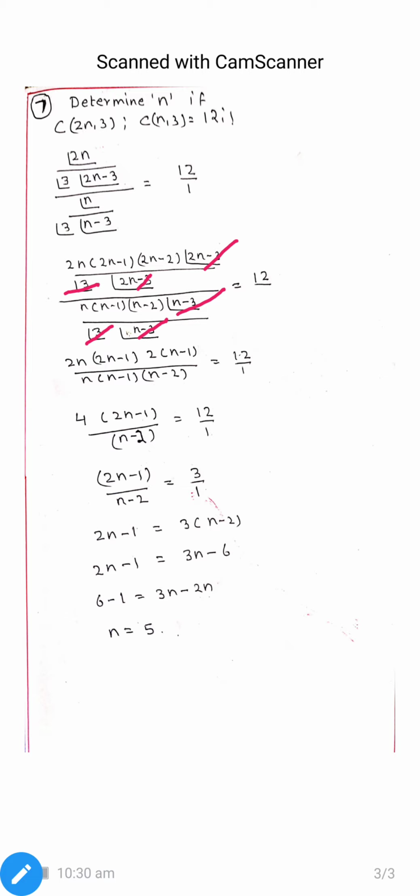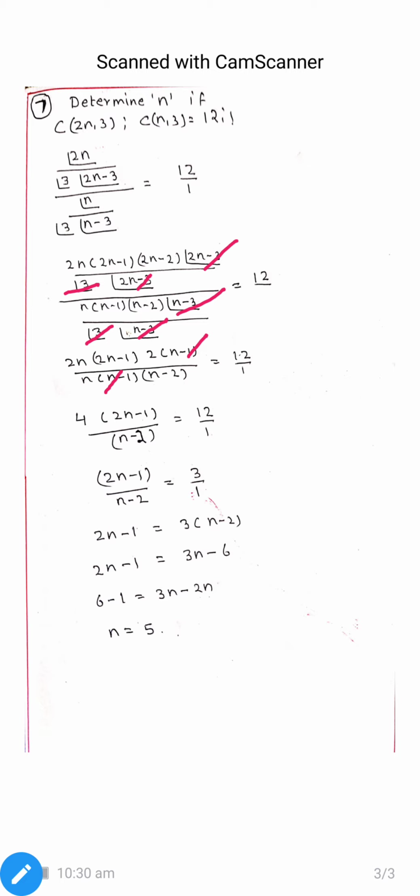We are left with 2 bracket n minus 1. So now n minus 1 is cancelled out, n is cancelled out. We are left with 4 (2n minus 1) upon (n minus 2).